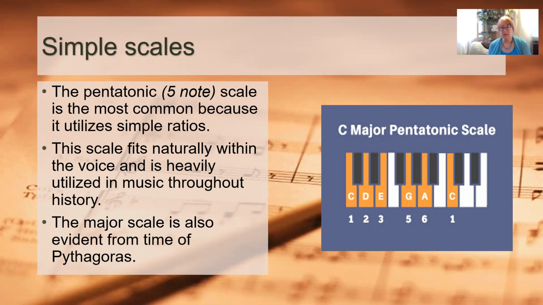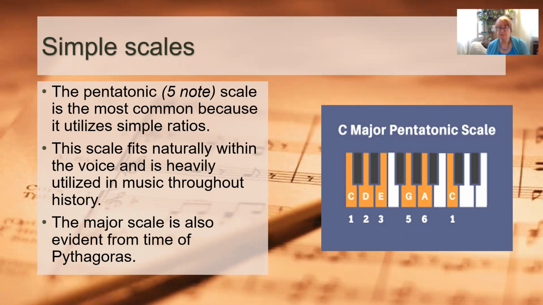Now, if you take the black keys, you're going to have a major second, major second, minor third, major second, and minor third. So if you start on the F sharp and play all the black notes this way, that's a natural pentatonic scale.